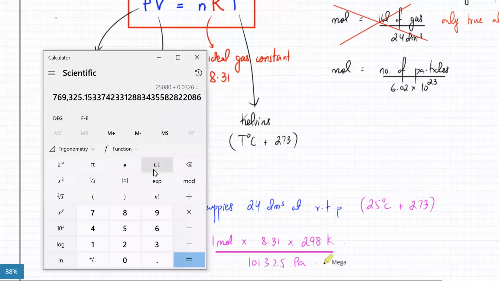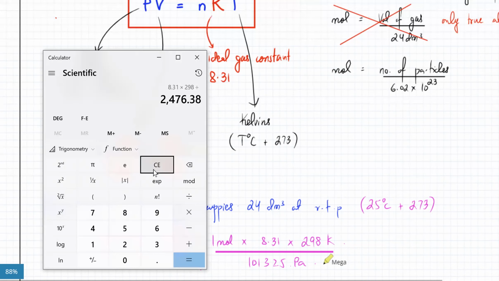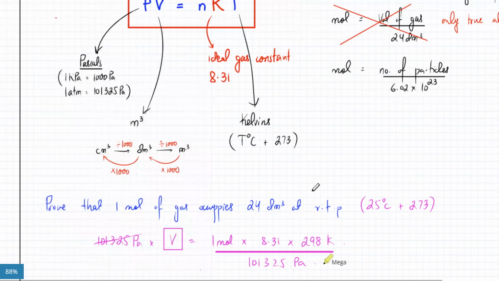So let's try and solve this. 8.31 star 298, and the whole thing divides by 101,325. So I'm getting something like 0.0244. Let's round it to 2 significant figures at the moment.